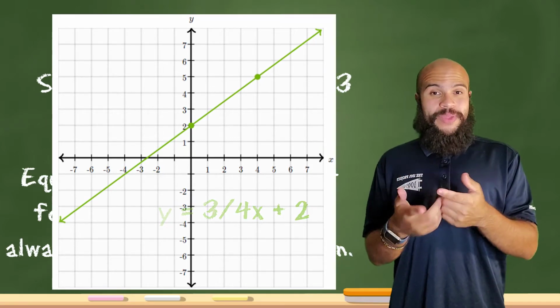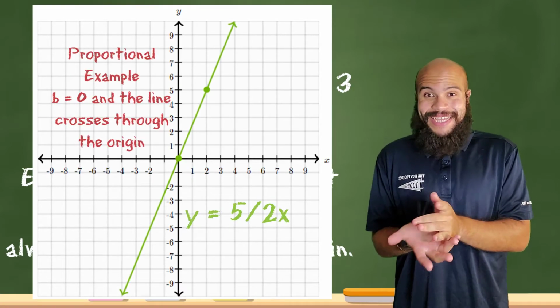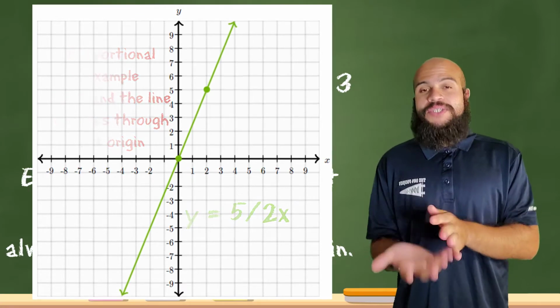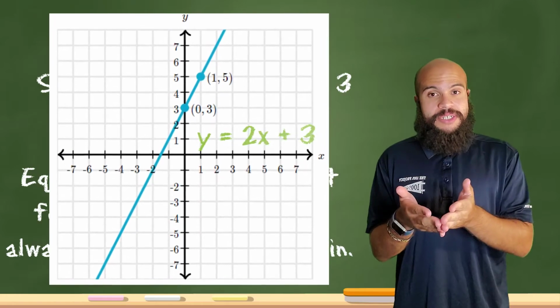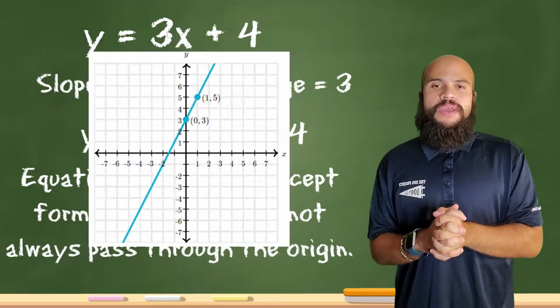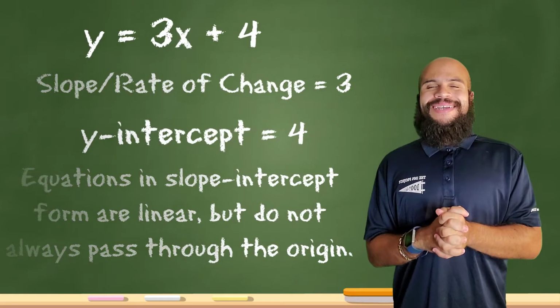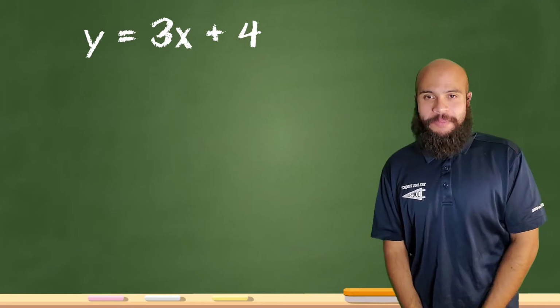In fact, they only go through the origin when b equals 0. In most equations, that's not the case. So we will have a straight line. It will be a linear relationship, a line, but we are starting somewhere most of the time other than the point 0, 0. So let's look at this equation in a table.